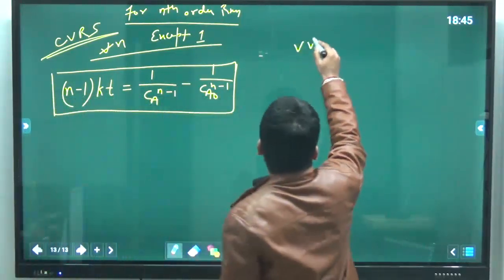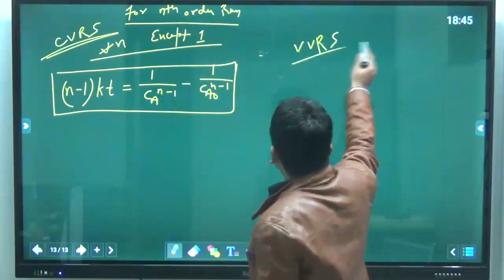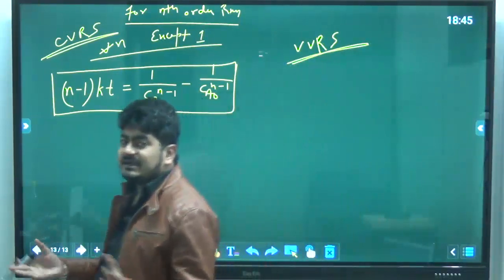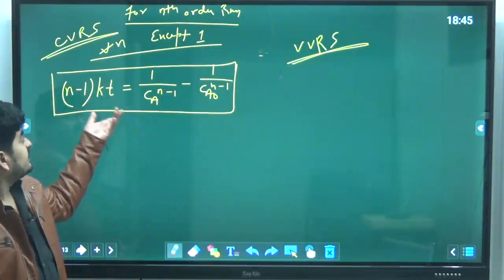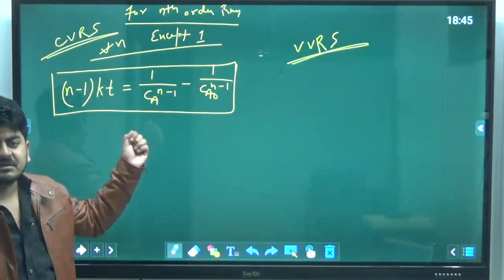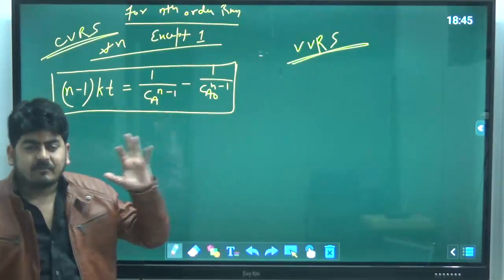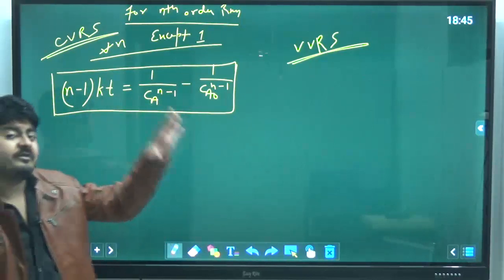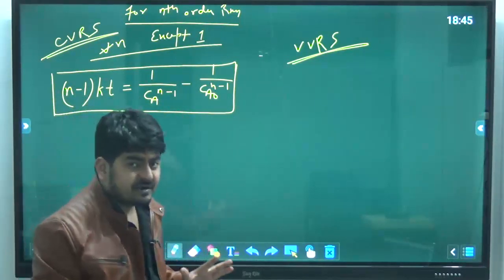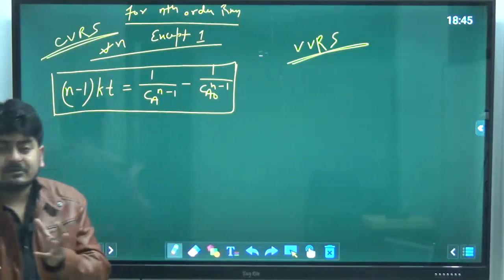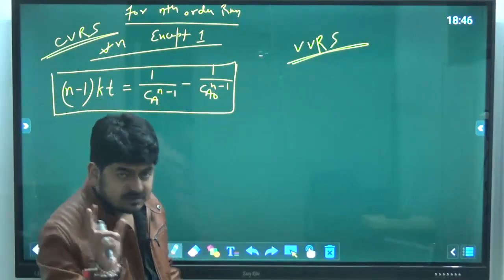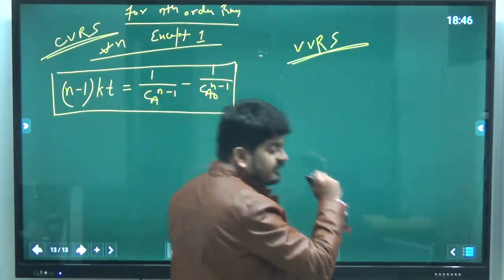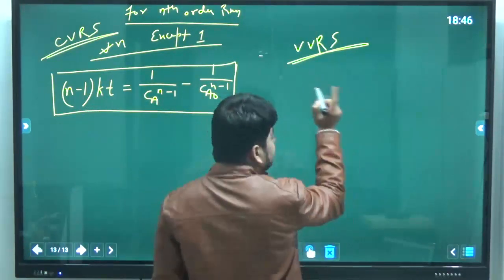But if it is a VVRS system, then what to do? See, in VVRS, we can't have any specific relation. Like here in CVRS, we have a specific relation which we can use anytime for all values of n except 1. But for VVRS, it is quite difficult to specify any generic expression. So for that, just understand. For VVRS, what is the rate of reaction?